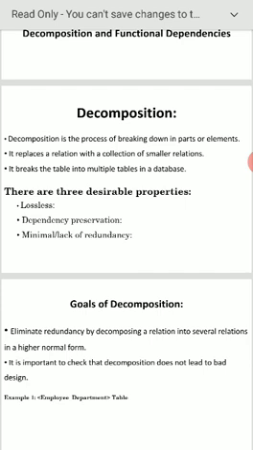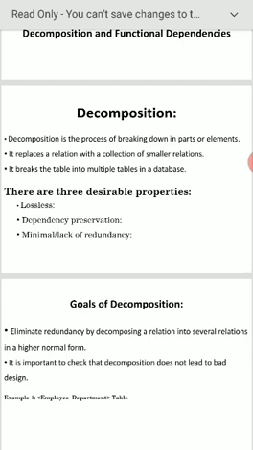I will break it down into table 1A, table 1B, table 1C. Table 1A, there is a dependency for the table. Table 1B, there is a dependency for the table. Table 1C, there is a dependency for the table. Like that, you have to decompose.